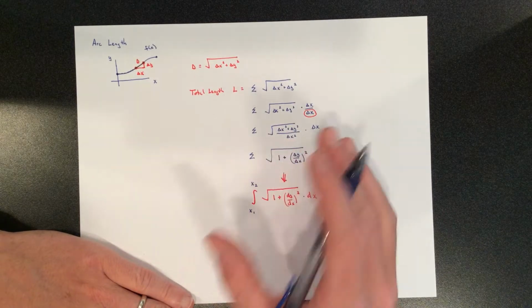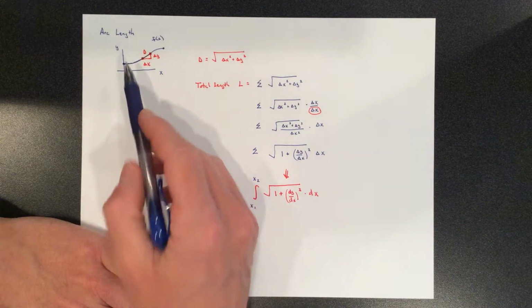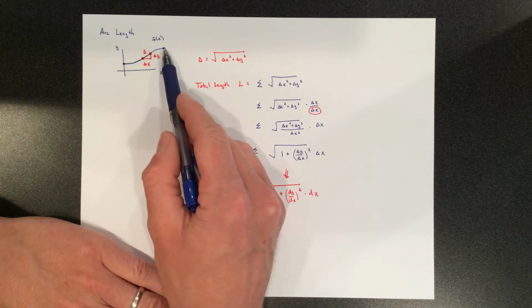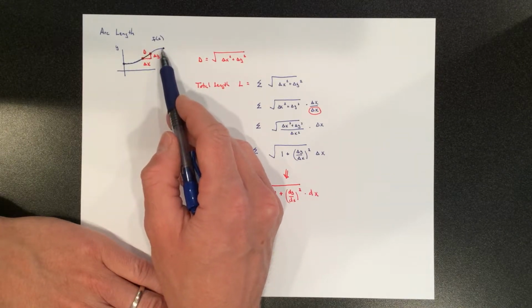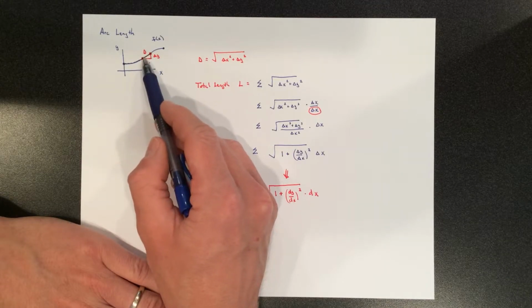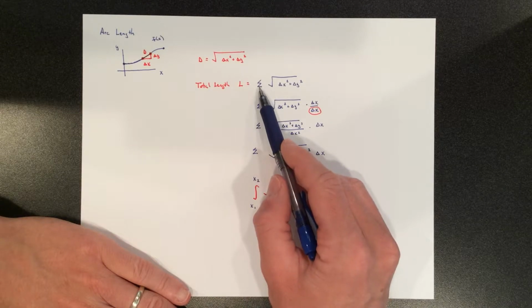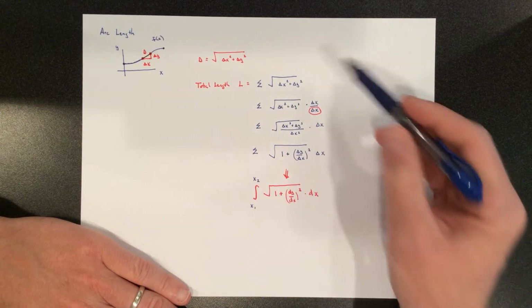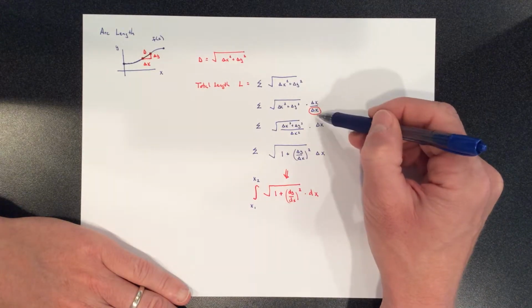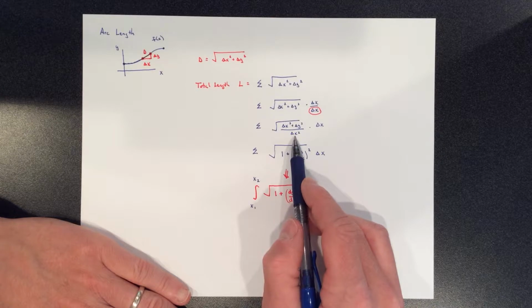Okay, so again, the theory behind arc length is really easy. It's just the Pythagorean theorem. We're going to take this curve and we're going to break it up into an infinite number of really, really small segments. Each segment has a certain distance, which is the Pythagorean theorem. The total length then is the summation of those distances. I have a little algebra trick that I multiply top and bottom by delta x. I move the delta x inside the square root, making it delta x squared.